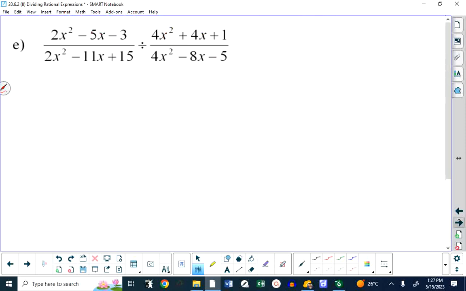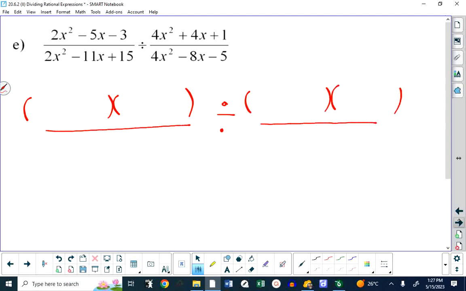One final example. What makes this one more challenging, of course, is, give me a second, what makes this more challenging are these things I'm going to highlight.